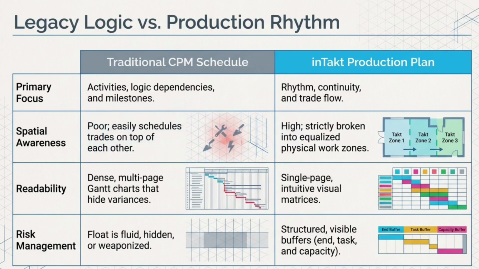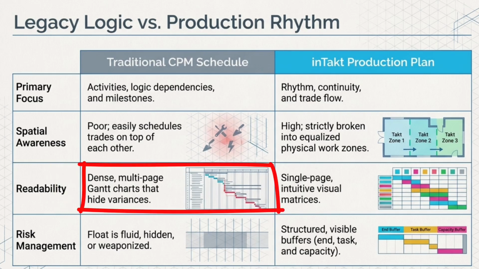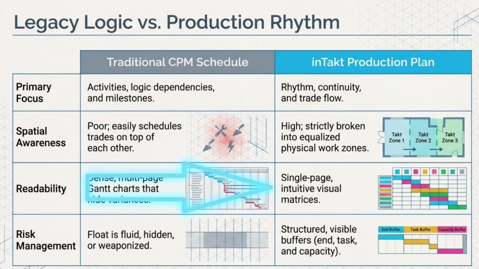In terms of readability, CPMs are dense, multi-page Gantt charts that hide variances, which leads to interpretation, which results in problems in the field. With Takt time, it is a single page with highly intuitive visual matrices, which reduces interpretation and enables flow.